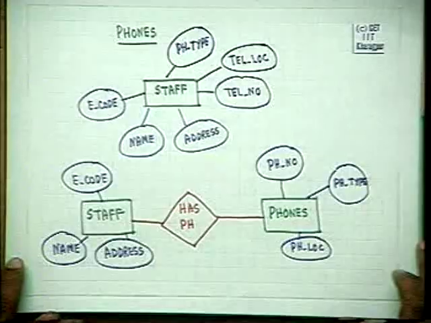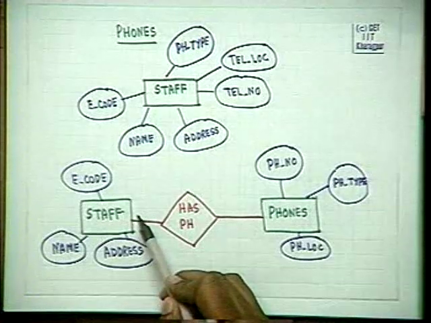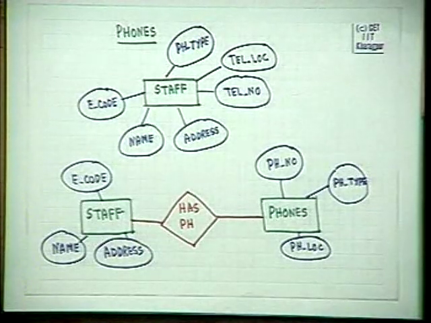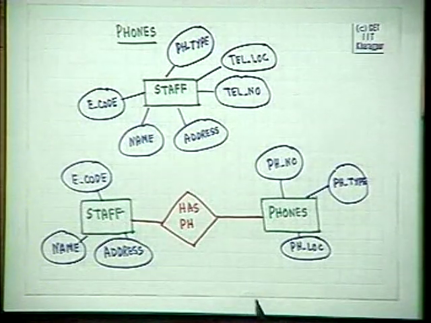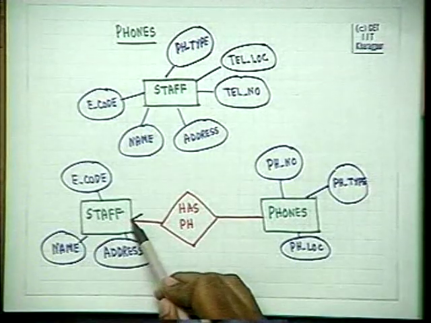Let us take another example. We will take the telephone example. If I want to ensure that a staff has got only one phone, then I will put this arrow.